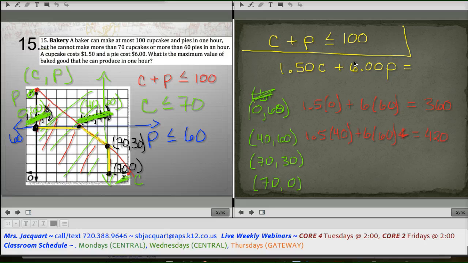And then this one I'm not going to be able to do in my head. So if we have 1.5 times 70 plus 6 times 30, pull out a cool calculator. Did all the other ones by calculator before I did it, but I forgot to crunch these numbers because they're just cool.